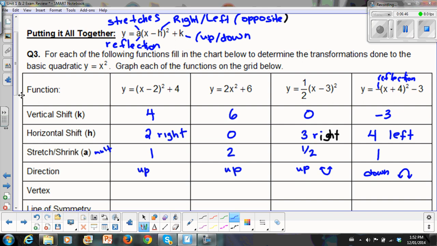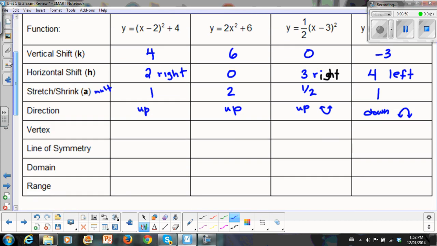Okay, using this information, we know that the vertex therefore moved right 2, up 4; 0, up 6; right 3, 0; and -4, down to -3.